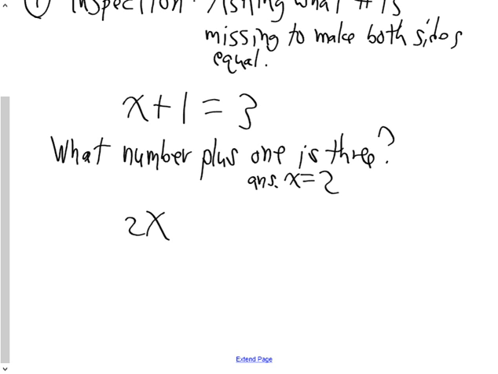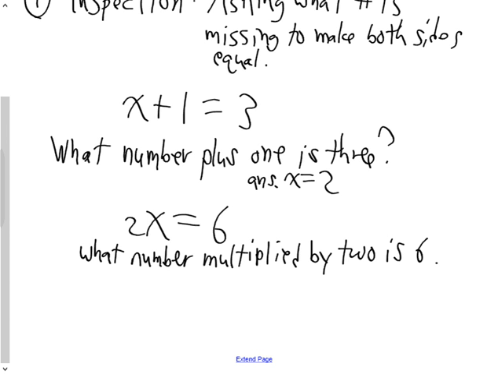And we could use this idea of solving by inspection. If I gave you this question, 2x equals 6, the question I would ask myself is, what number multiplied by 2 is 6? And what number do we multiply by 2 to get 6? 3. So our answer for this one is x is equal to 3. 2 times 3 is equal to 6. And again, in order for us to really be able to read that, we need to know that this is a coefficient and this is a variable.